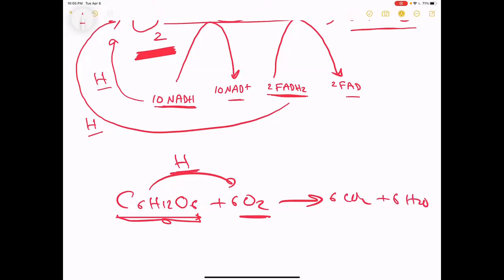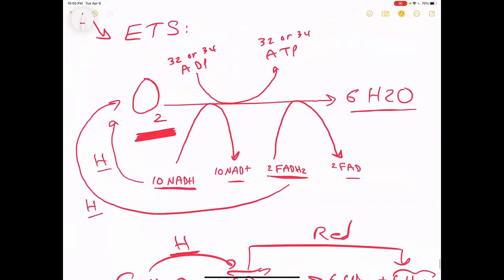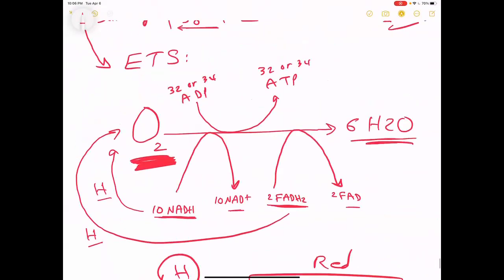Forget the energy for now. So the sugar loses hydrogen and becomes CO2. We said that's oxidation. The O2 gains the hydrogen, becomes reduced into water. Reduction. But now I know more about it. I see the oxygen at the very end did receive those hydrogens and became reduced into water.